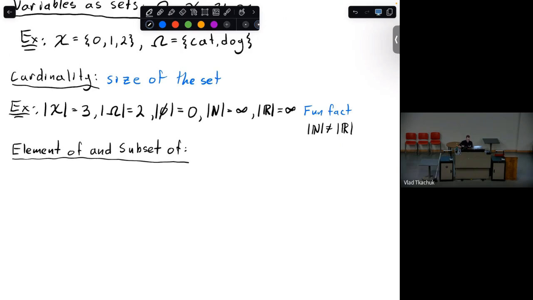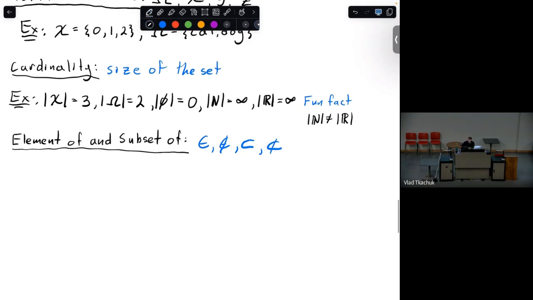So these are the symbols we're going to use for it. They look like this. This means element of. So now we're seeing things that we've already seen before, that I was using at the very beginning of the class. I was saying things are elements of a set. So this means element of. This means not an element of. This means subset of. And this means not a subset of. Okay. Examples.